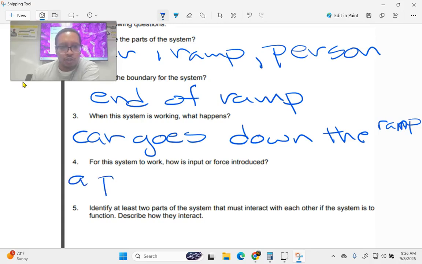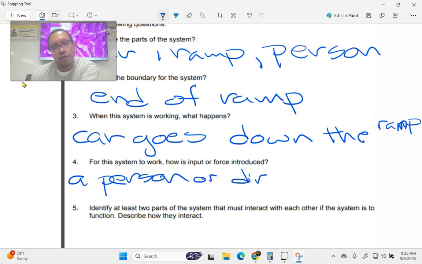A person, right? A person or driver, right? Oops, driver. Mr. Farr's got to get to his spelling, right? A person or, here, I'm going to fix that. Yep, Mr. Farr's like, I don't like it.